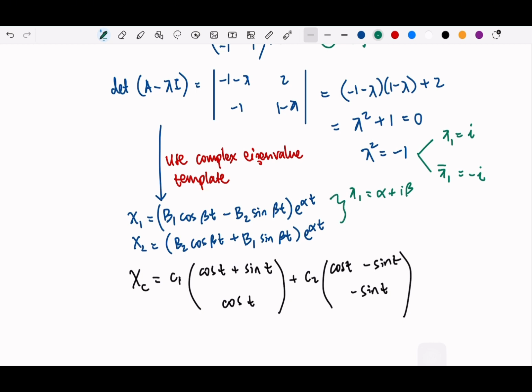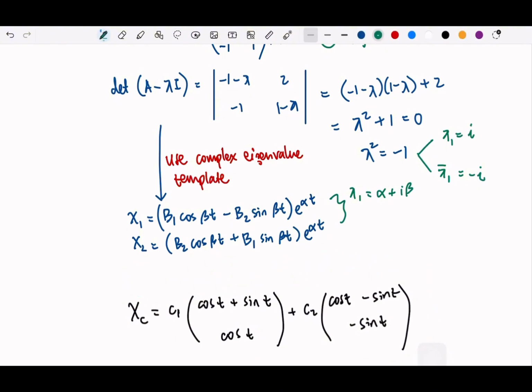Okay, which means that we need to find the b, which are from the eigenvectors. Let me write here just to review what we have learned before. So b1 is the real part of k1, and then b2 is the imaginary part of k1.